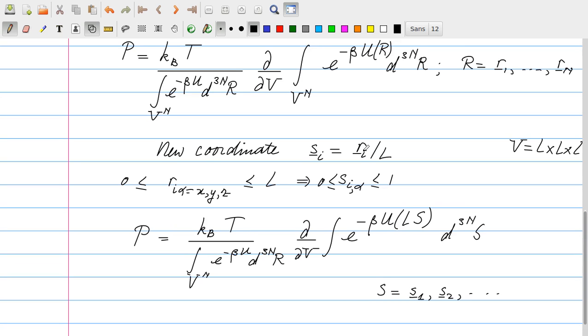We had r is L times s, so because we have 3N coordinates we should add a factor L to the power 3N, and because V is L to the third, we can write this as V to the power N. And so we see that part of the derivative with respect to V is now really explicit, because we have a term V to the power N here.